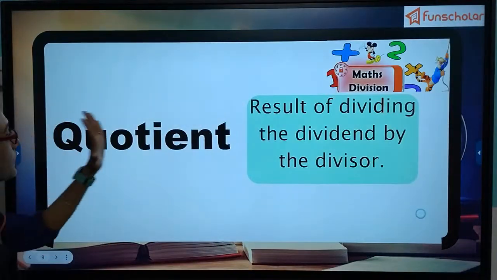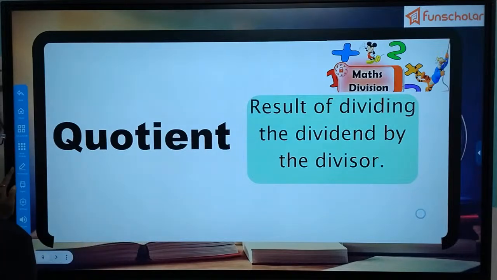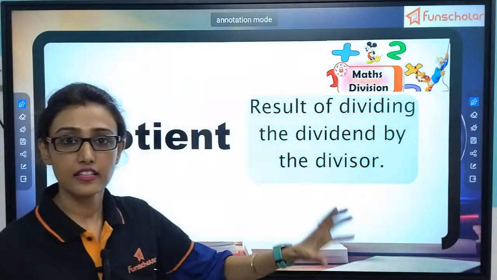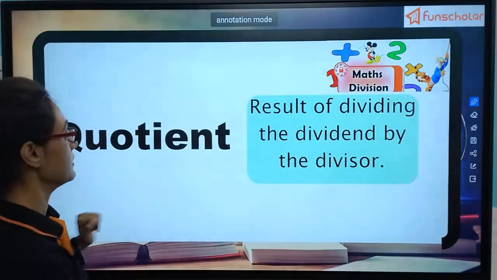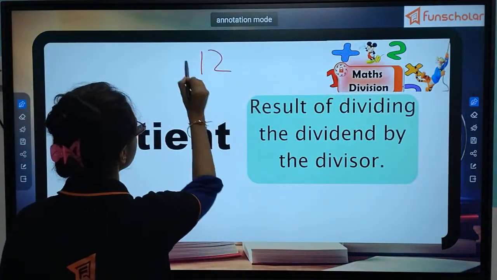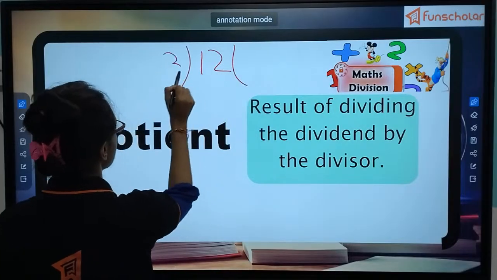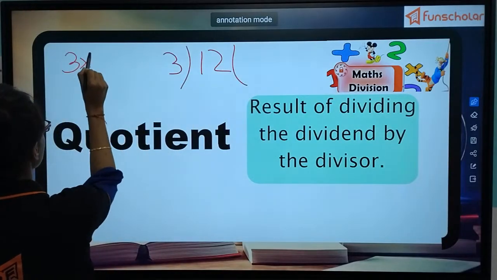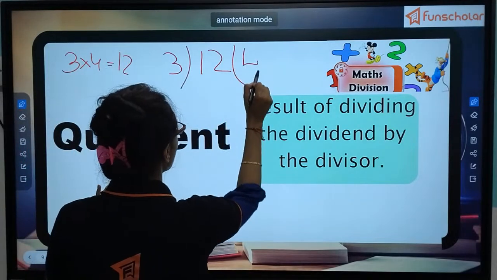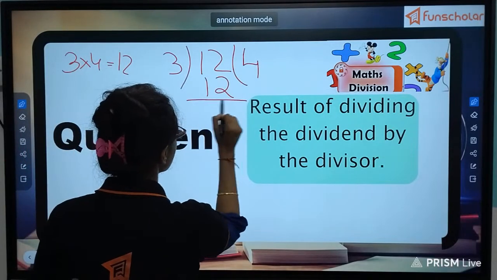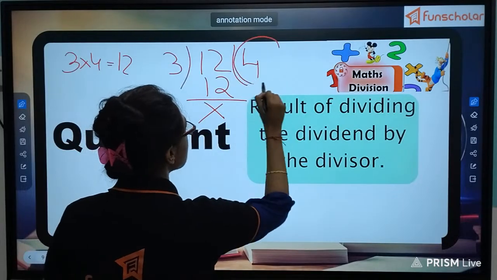Next comes the quotient. Quotient is nothing but the answer or the result you get after division. That is 12 divided by 3. Now we know 3 into 4 equals 12. So 3 fours are 12. So 4 is the result.